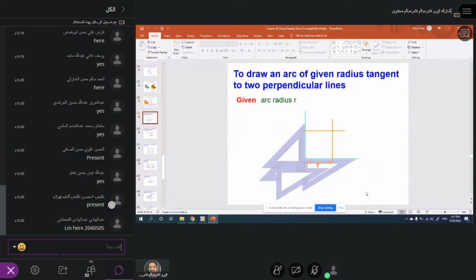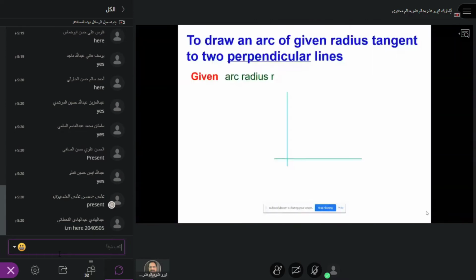All right, so this is how we are trying to draw this radius r. Listen very carefully. First, you make the radius r, and on the other edge perpendicular to this, mark again, and then draw the parallel line by using the tri-square.